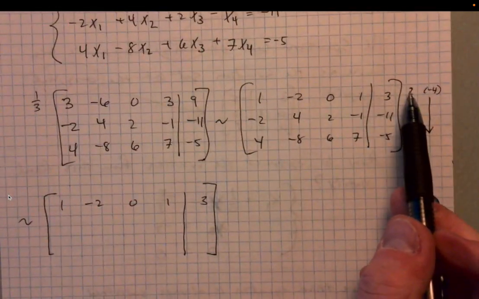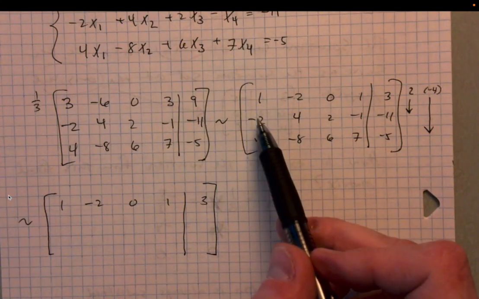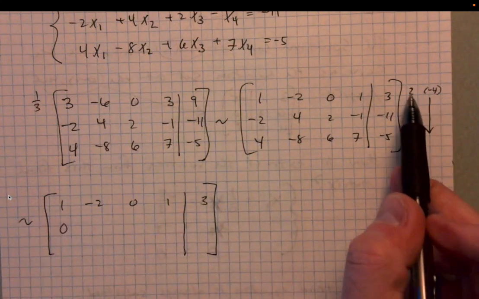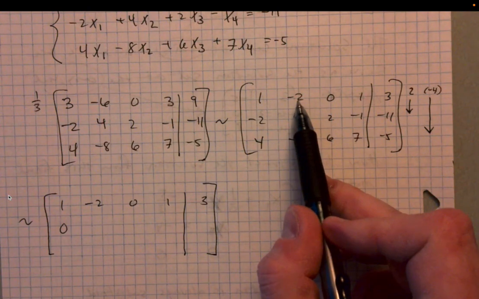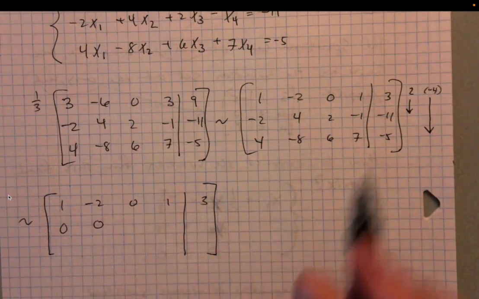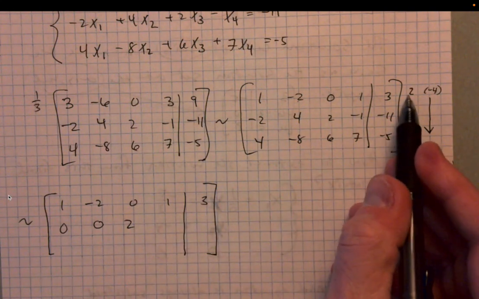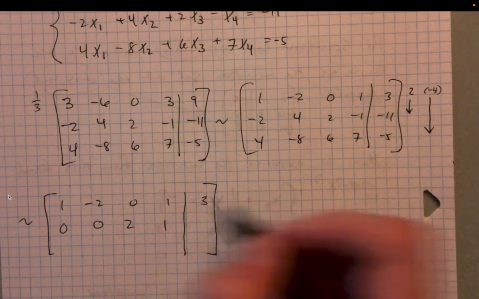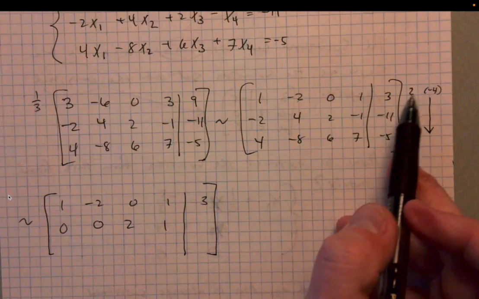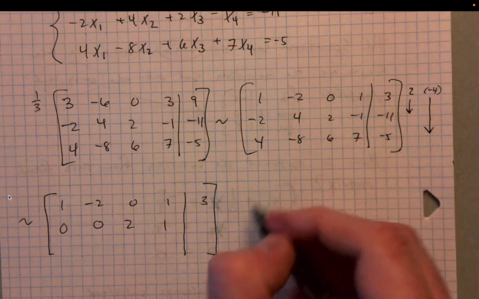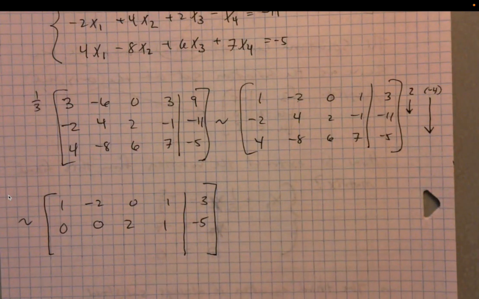And so what happens as I do this? So 2 times 1 is 2 plus negative 2 is 0. 2 times negative 2 is negative 4 plus 4 is 0. Okay, and then here I'm going to get a 2. Here I'm going to get a 1. And then 2 times 3 is 6 plus negative 11 is negative 5. Okay, so there's the new row 2.